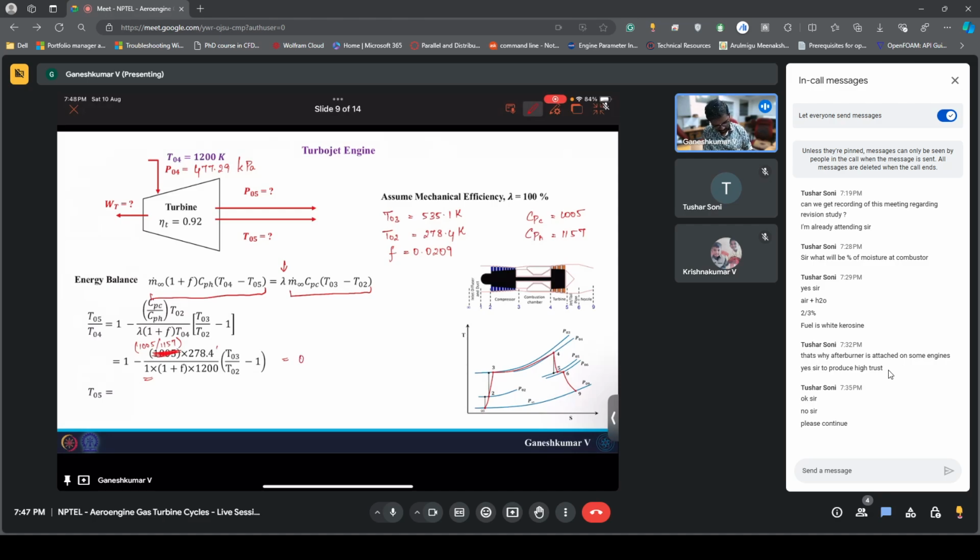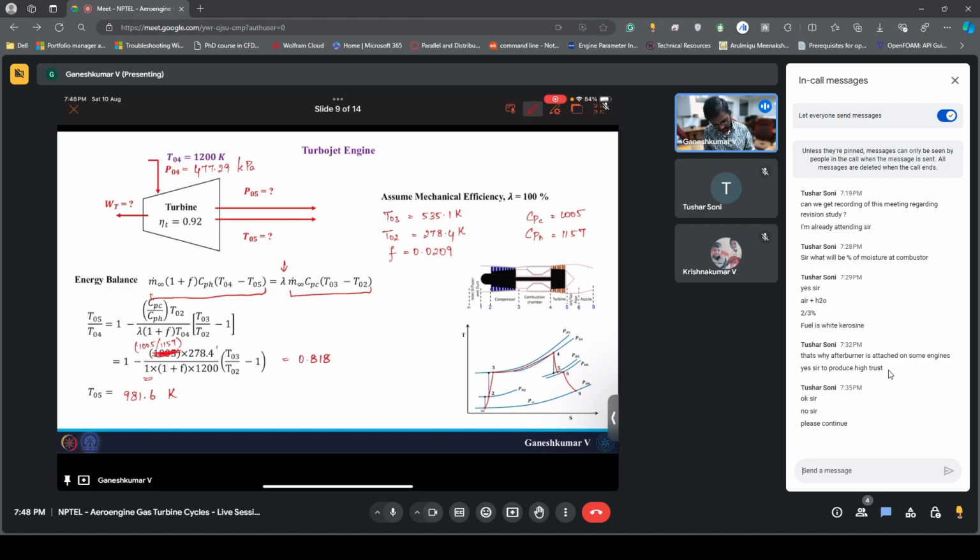So it is coming out to be something like 0.818, around that. Can check, not sure. And also T04 is 1200. So if you multiply that, it is coming out to be 981.6 Kelvin. Okay, I hope this is right. If not, you can find out.